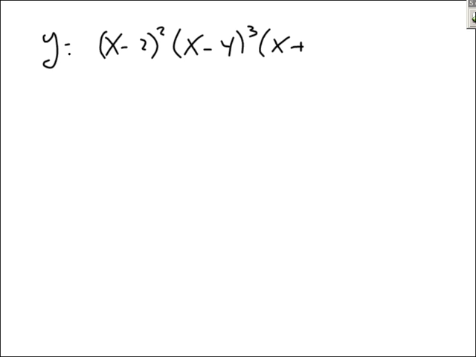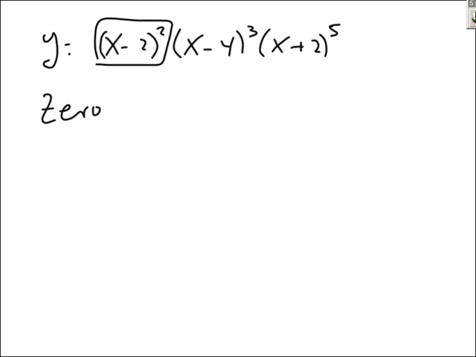What if these factors have powers? They have exponents. y is equal to (x minus 2) squared times (x minus 4) cubed times (x plus 2) to the 5th power. First thing is to find the zeros.